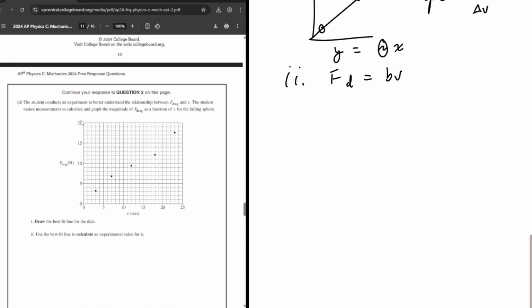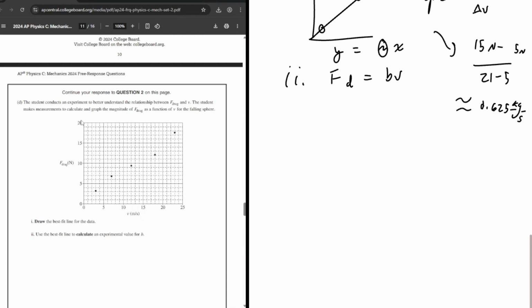So your slope would be b. The slope that College Board gave me is 15 newtons minus 5 over 21 minus 5. So that would roughly give you 0.625 kilograms per second.